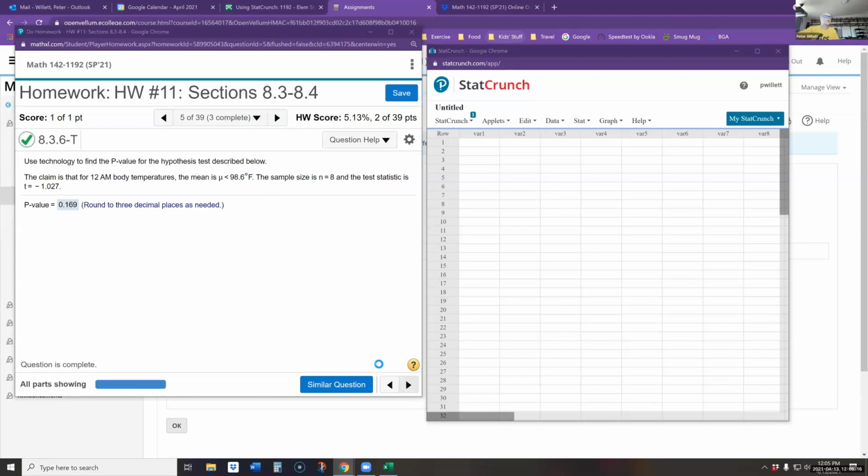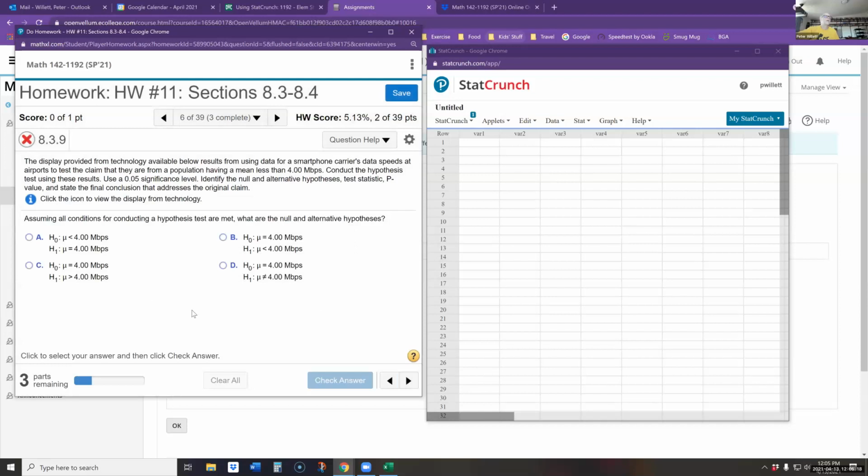All right, let's take a look at the next one. It's a little bit more of a normal standard problem here. It says the display provided from technology available below results from data, using data for a smartphone carrier's data speeds at airports to test the claim that they are from a population having a mean less than 4 megabits per second. So they give us a claim that was tested.